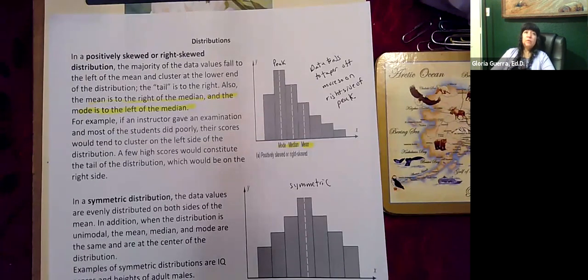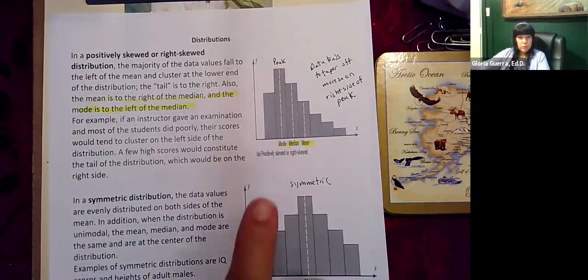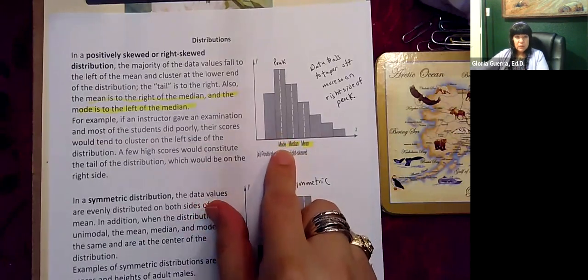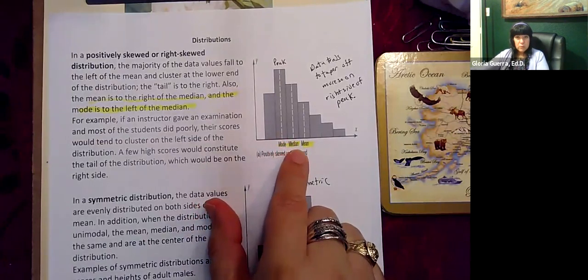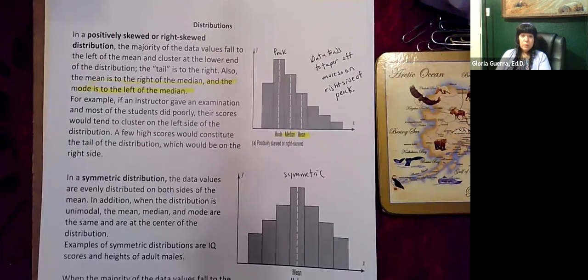So if you're trying to determine the data's distribution, you can just look at the three M's. What's the value of the mode? What's the value of the median? What's the value of the mean? If they're in order in size, where the mode is the smallest and the mean is the biggest, then that would guarantee that your data is positively skewed or right skewed, just by knowing your three M's, the mode, median, and mean.